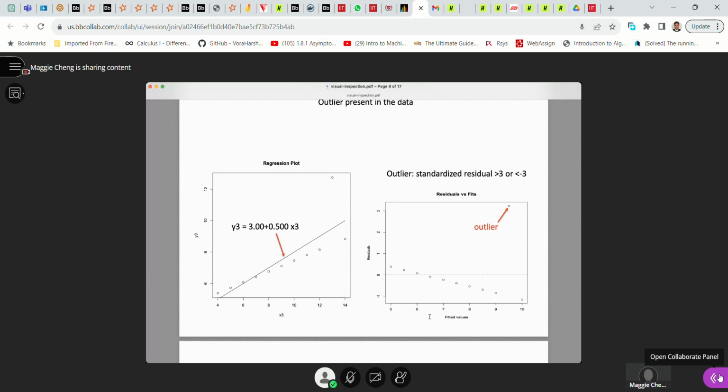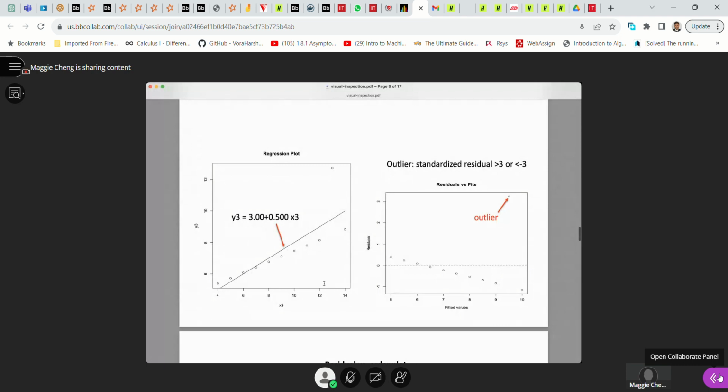And then we talk about the outlier. If you look at the regression line here, it looks like this one dragged the regression line a little bit toward itself, but not too much because the x value of this point is still within the range.